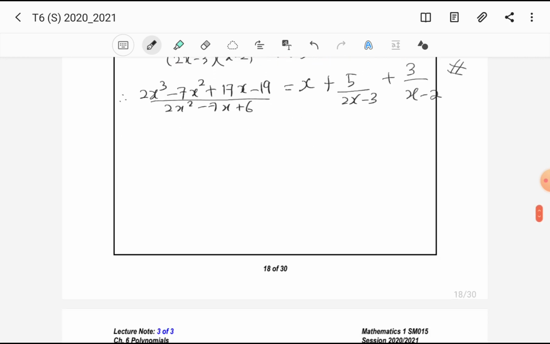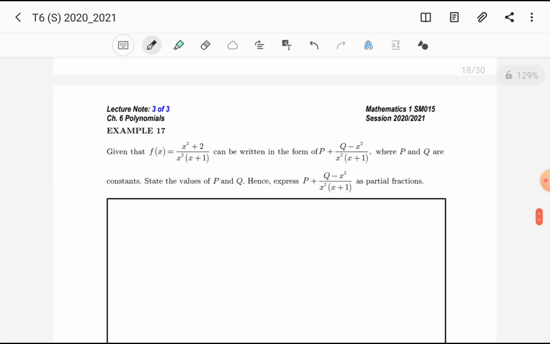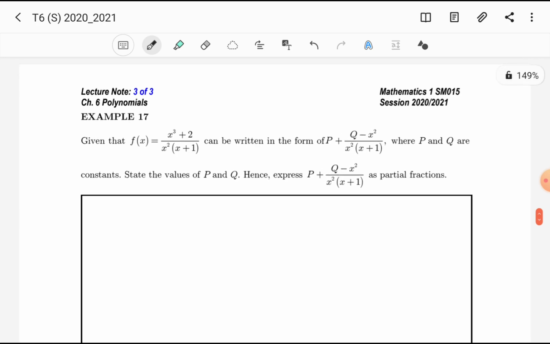Okay. And the last one, example number 17. Okay, number 17, atas x kuasa 3, bawah x kuasa 2, x kuasa 1, in total dia akan jadi atas kuasa 3, bawah pun kuasa 3. So, ini under improper.